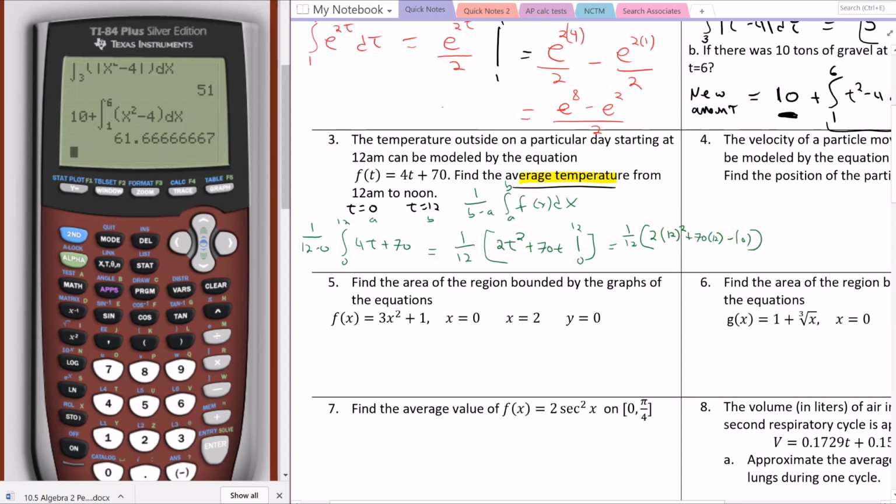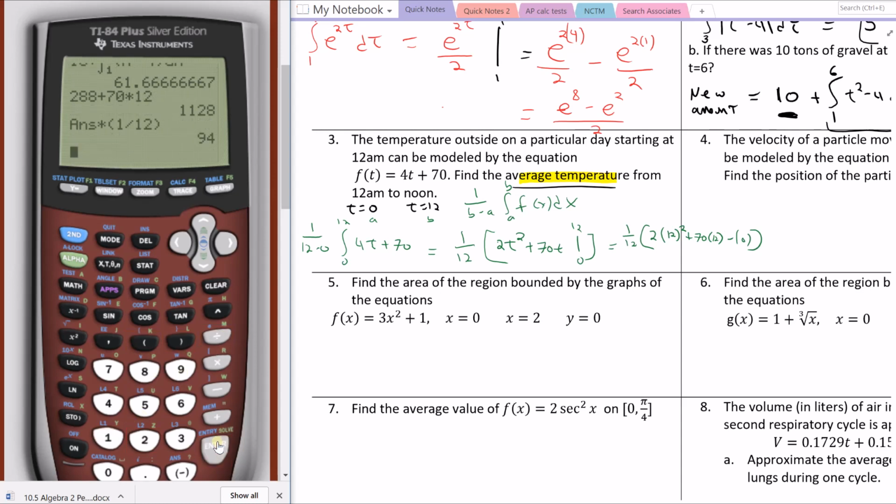If we do that, 12 squared is 144, times 2 is 288. 288 plus 70 times 12 is that, and then we have to times it by 1/12, which is the same as dividing by 12, but I'll just do it like this.